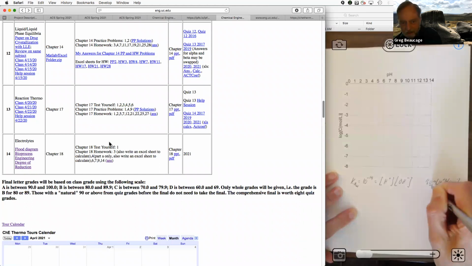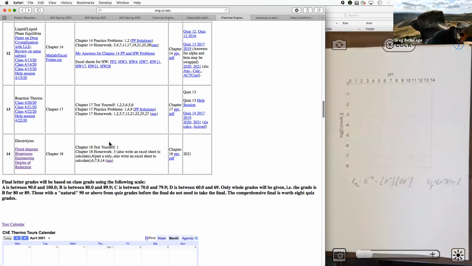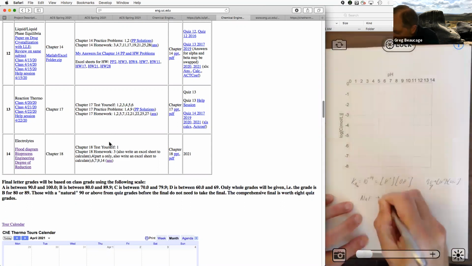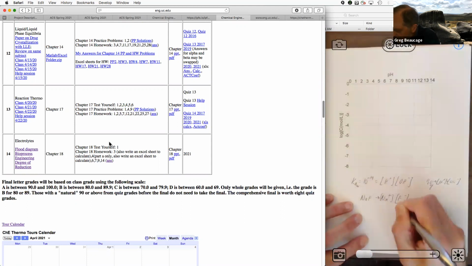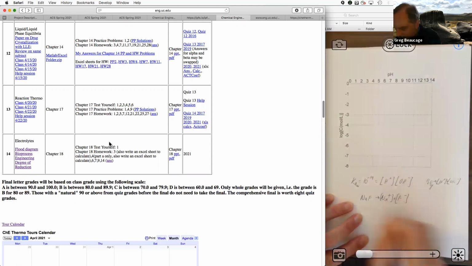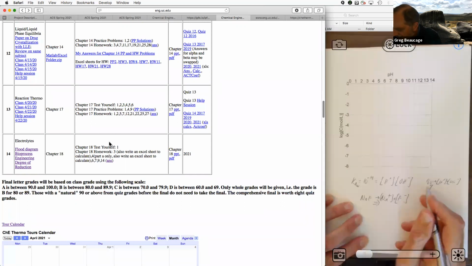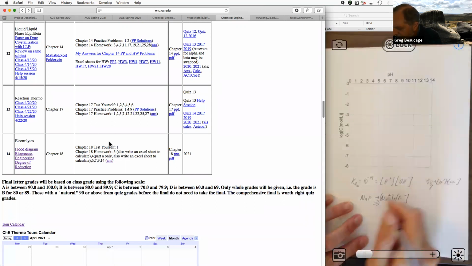And then this problem is adding sodium fluoride, so NaF goes to Na plus and F minus. That's total 100% dissolution, like HCl totally dissociates, any of the strong acids or bases and these strong salts. NaOH would be a strong base, and this is a salt of a strong base.